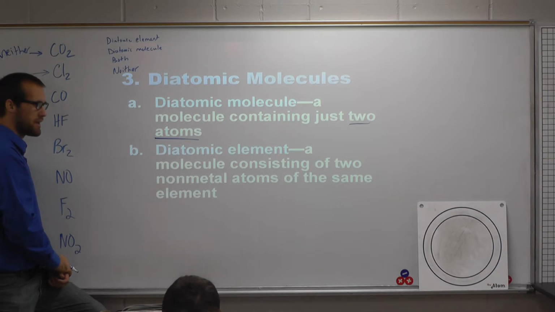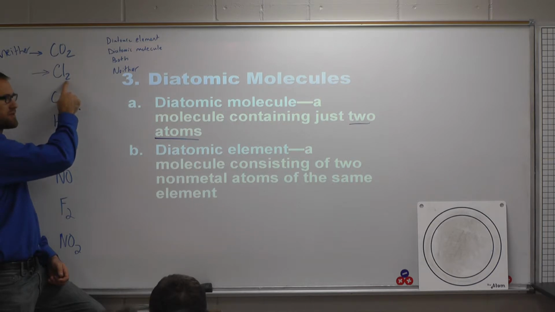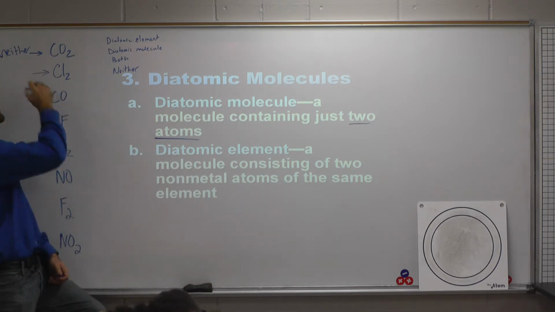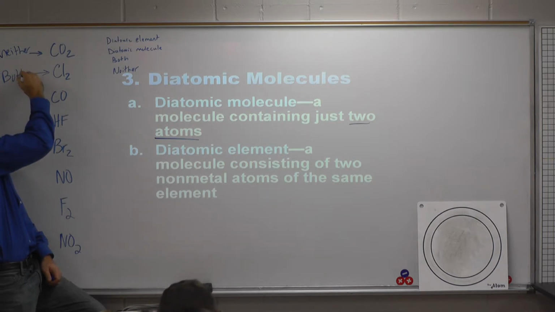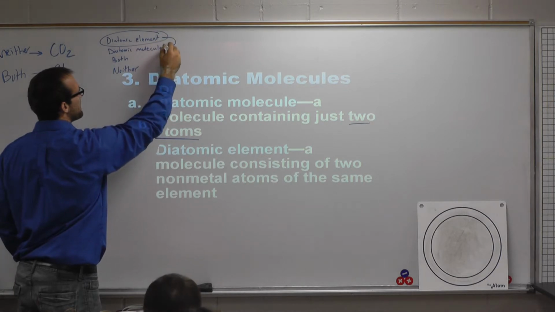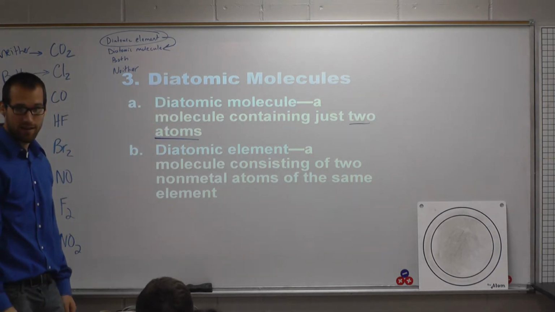That's what I would think. But I know that I can say, yes, it is a diatomic element, but doesn't it also fall under the category of a diatomic molecule as well? Because doesn't this have two atoms? It doesn't say anything about anything else, as long as it's got two atoms, it's a diatomic molecule, so technically this is both. Let me give you a hint. You can never have this only, because this is always that.